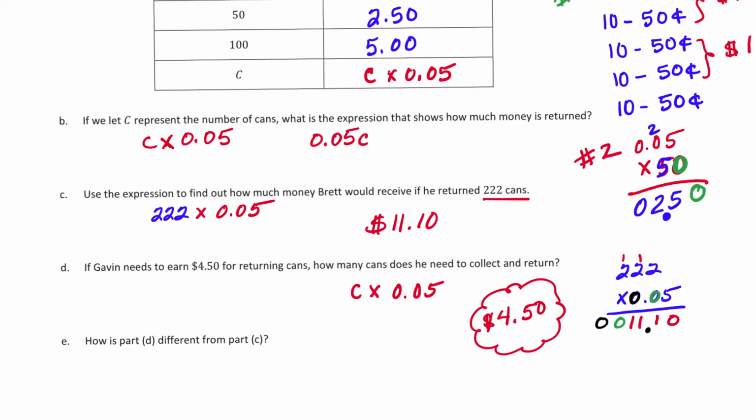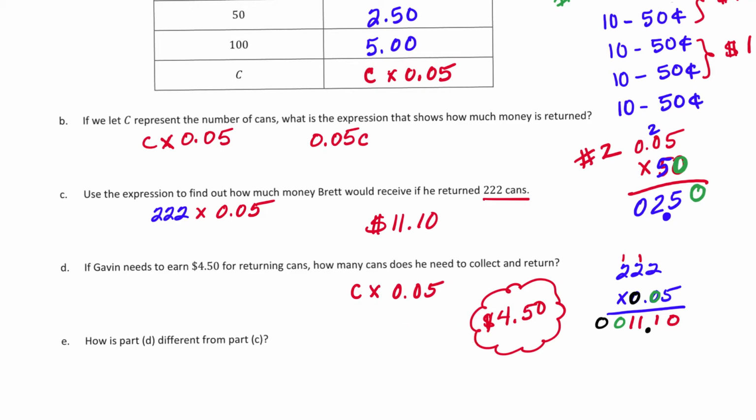$4.50. Okay, so what are we gonna say? One number times 5 hundredths gives me 450. That's a tough one, right? So here you might not be able to do it using your head or mental math. You're gonna have to depend on the mathematical procedures.